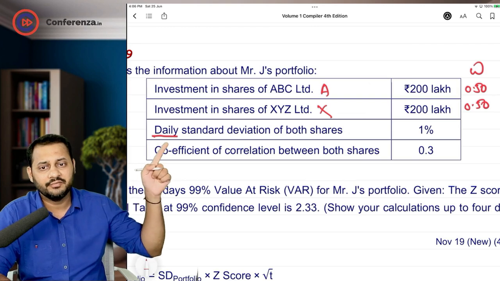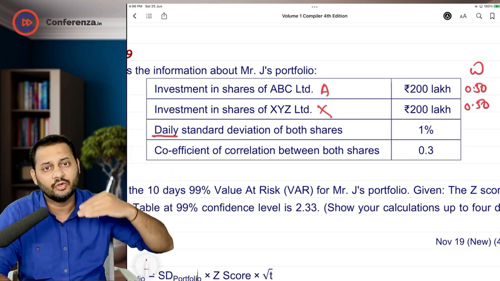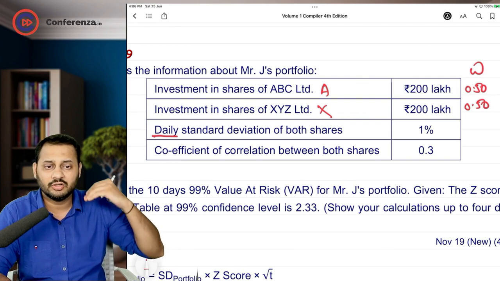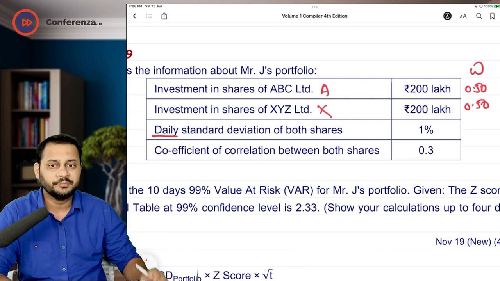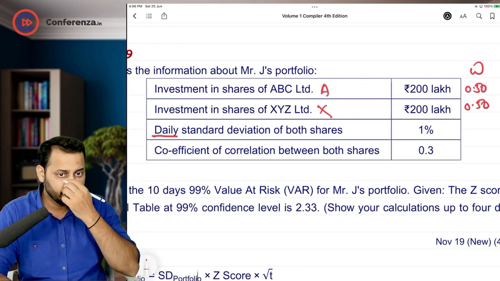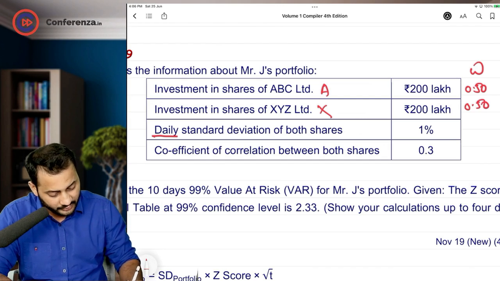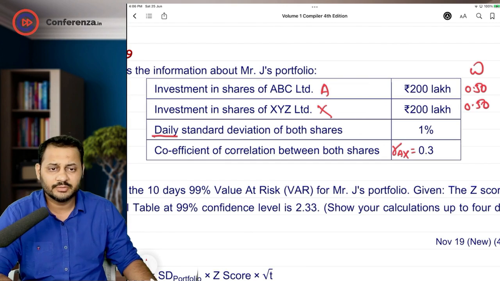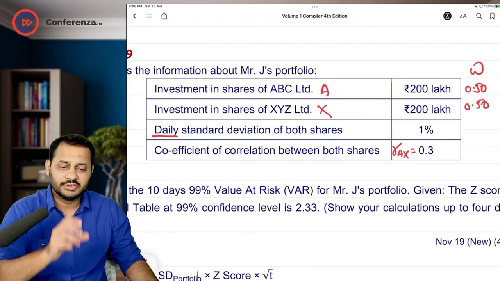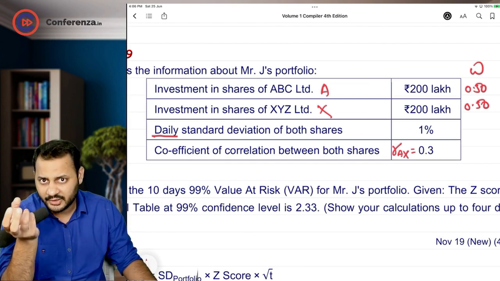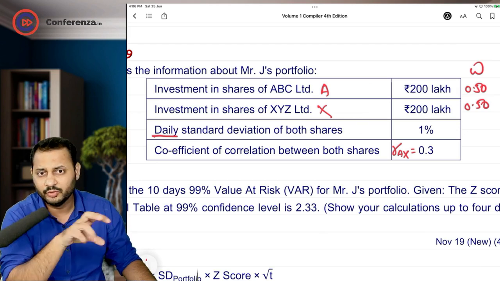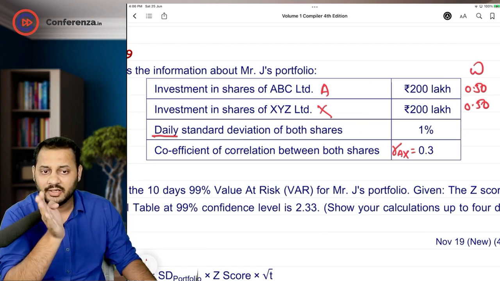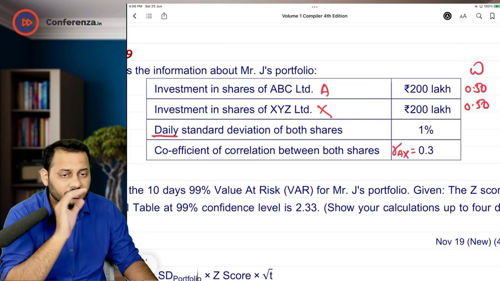The daily standard deviation is same for both the shares. It can go up by 2 lakh rupees or down by 2 lakh rupees. Coefficient of correlation between both the shares, we will call it RAX, is 0.3. That means if one share is moving up by 10%, the other share will move up by 10 into 0.3, that is 3%.